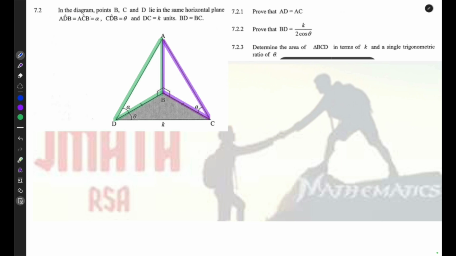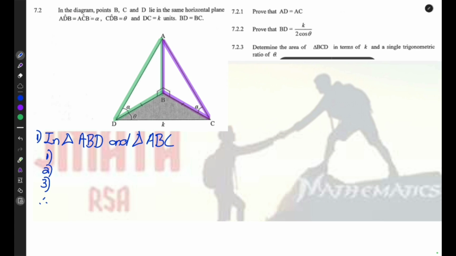In grade 9, everybody taught you that you start a question on congruency with in triangle ABD, okay, so the green one, and triangle ABC, the purple one. Then I need three aspects that are exactly the same, and then I can say therefore they are congruent. So firstly, I can see there's a 90 degree in both of them.